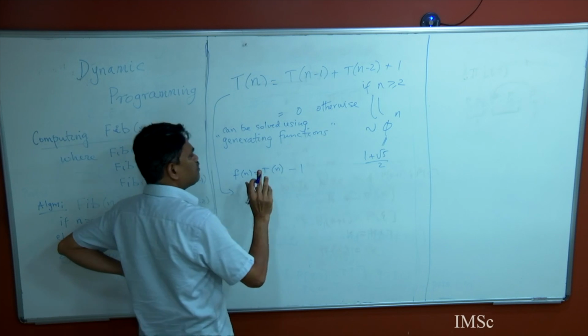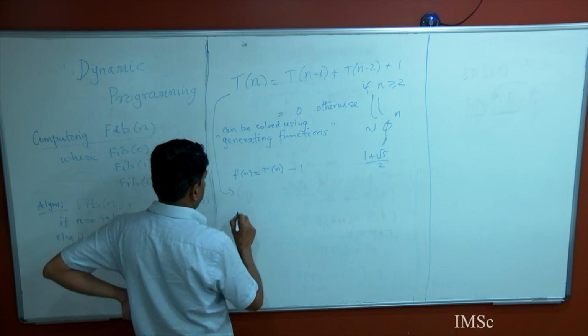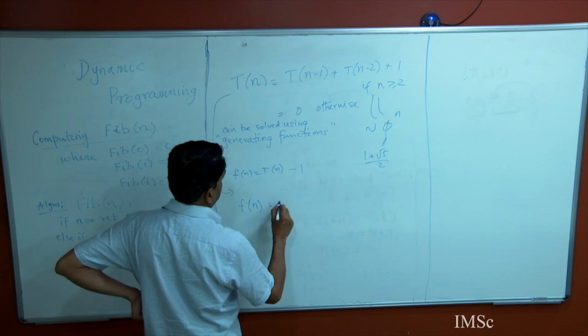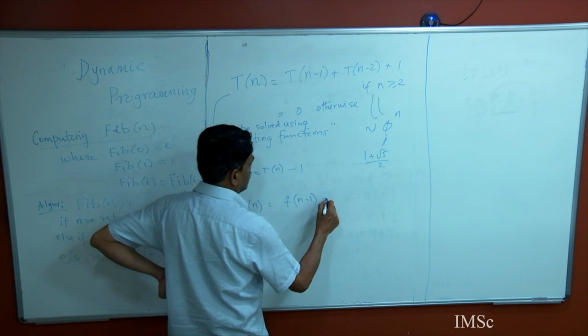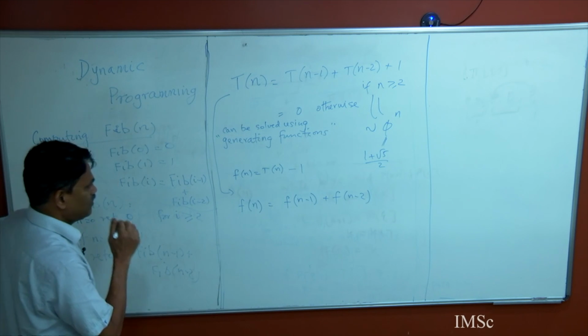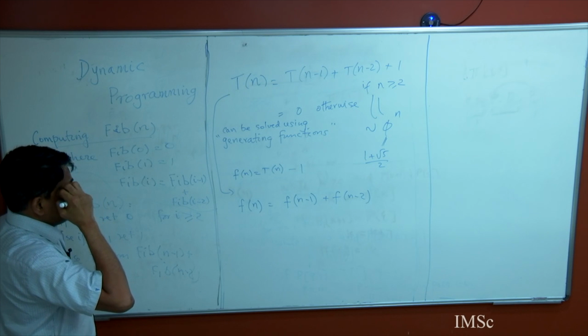No, let me write minus 1. Okay. Then I claim f(n) equals f(n minus 1) plus f(n minus 2). I hope that's true. You want me to say plus 1, is it? Okay.